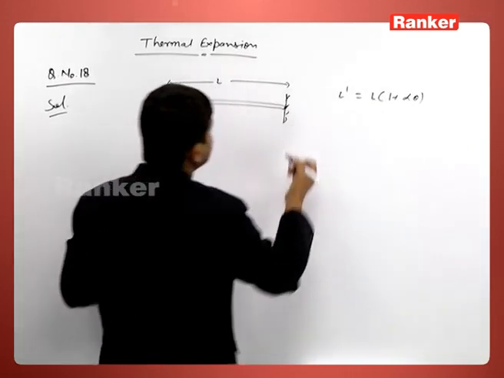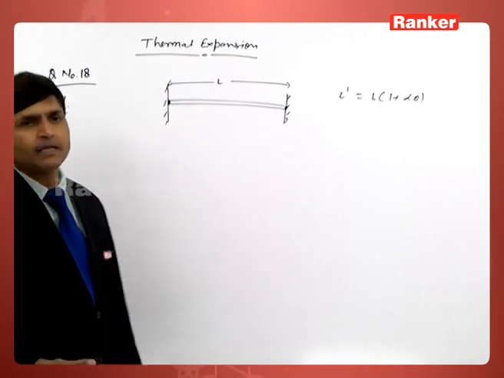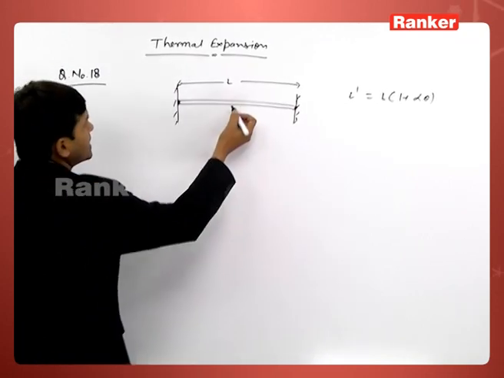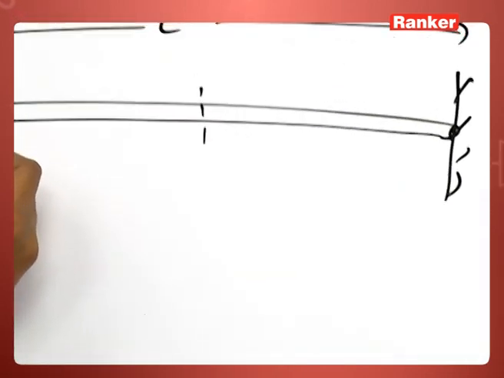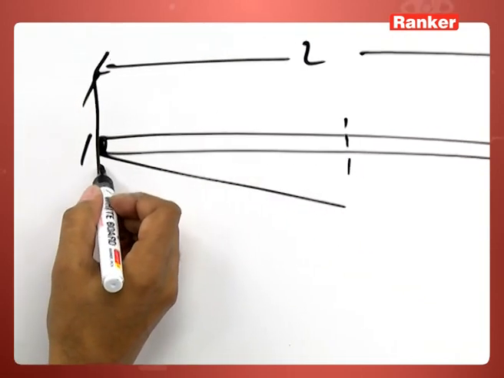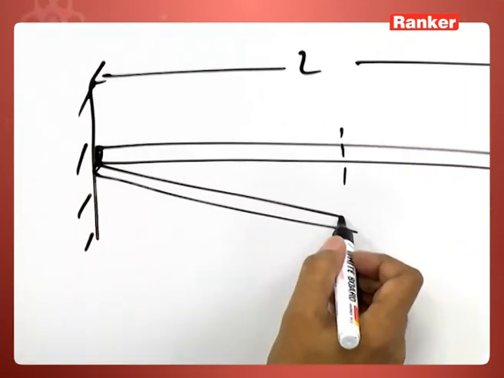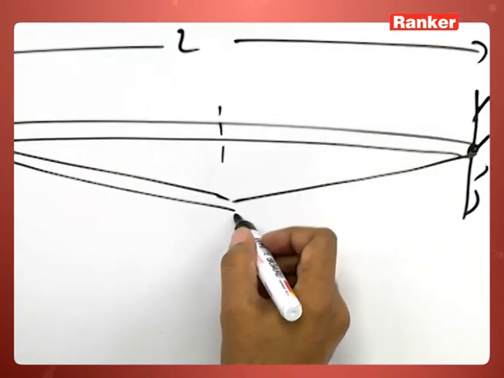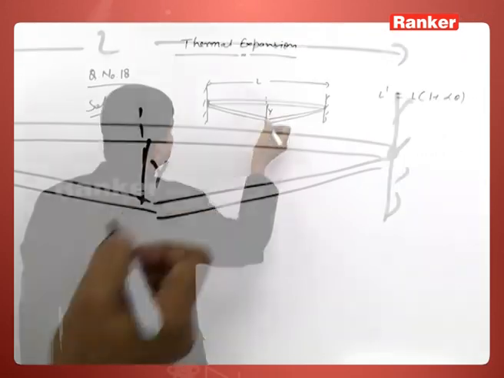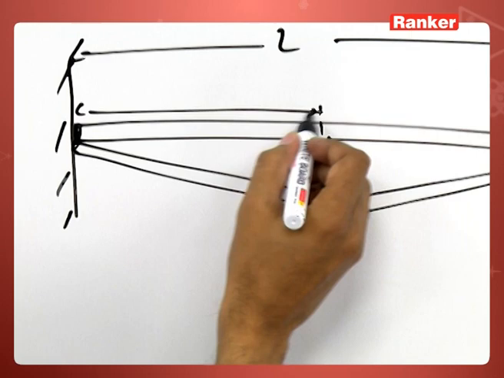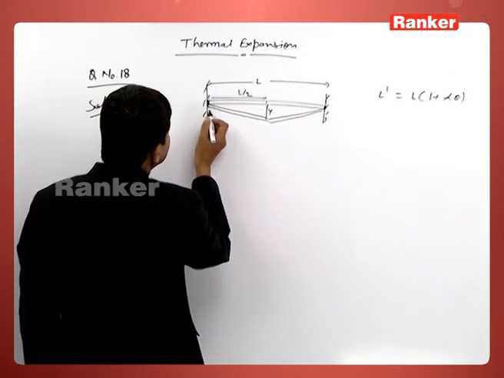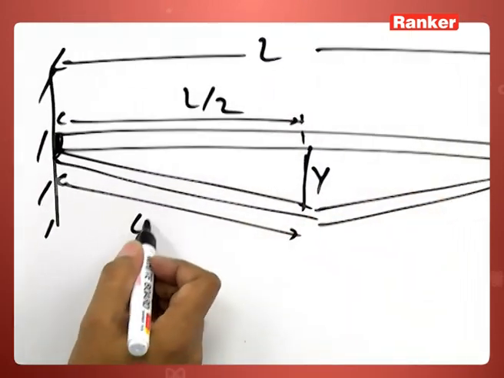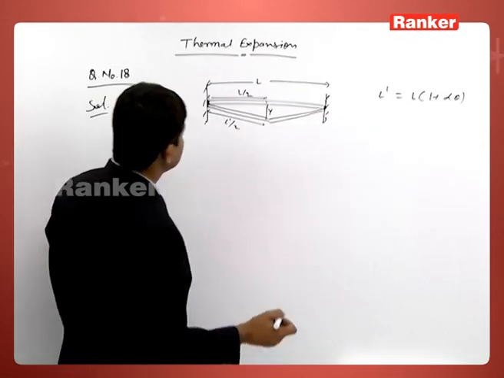But since it is fixed, it cannot expand. Because of that, it breaks from the middle like this. A crack is developed and it will bend like this. So they are asking how much is this value, y. This is L by 2 and this is L dash by 2.